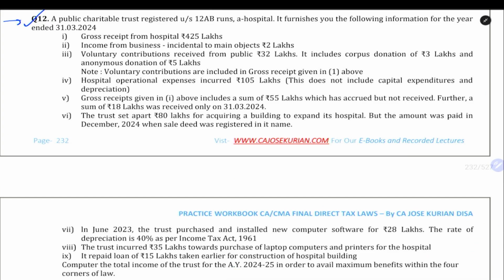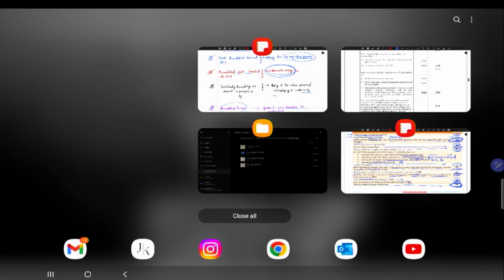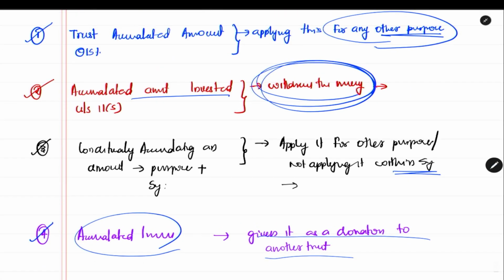Okay friends, so let's go through this question and compute the answer. A public charitable trust registered under 12AB runs a hospital.